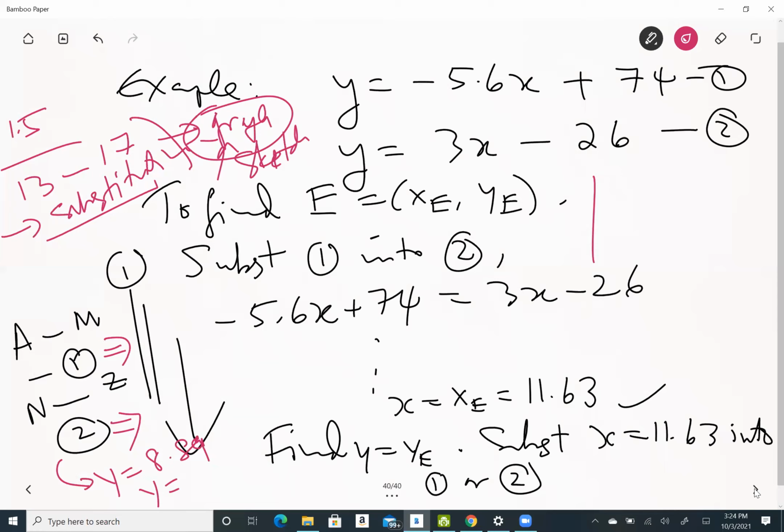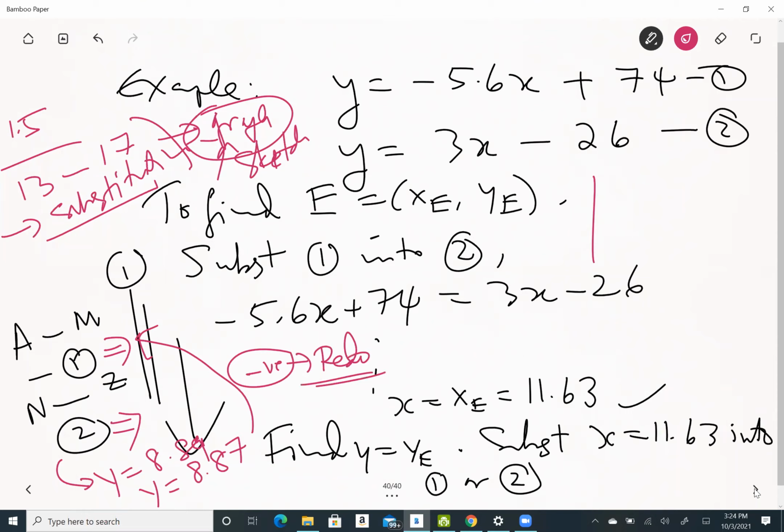What did you get? 8.87. Did you put into equation 1 or equation 2? 1. If you put 1, you got 8.87. So if you got a negative, that means there is a mistake that you committed. So go home, redo.